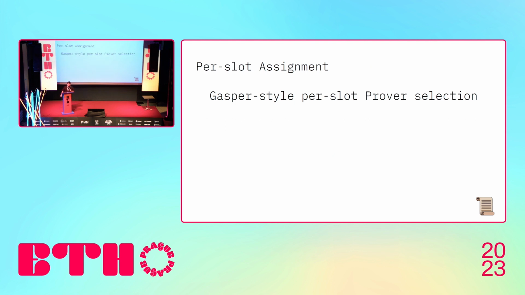And the second approach is per slot assignment. So what I mean by per slot assignment is something similar to how Gasper works. So in Ethereum's Gasper, time is divided in slots. And every slot, you have a new proposer that is selected as a leader to propose a block. And so essentially, you have some pseudo-random function that applies to the existing validator set and selects one of the validators as the proposer for that block.